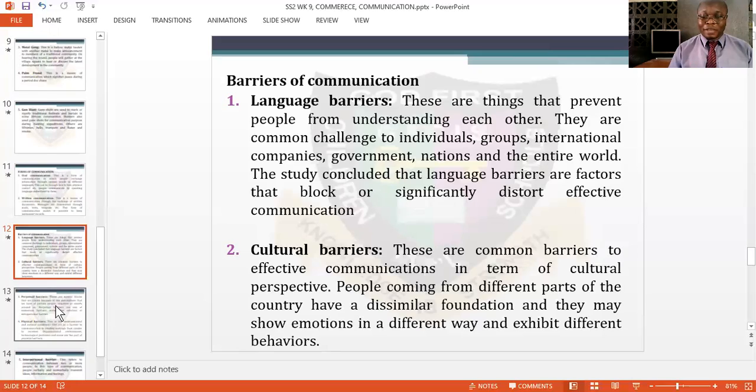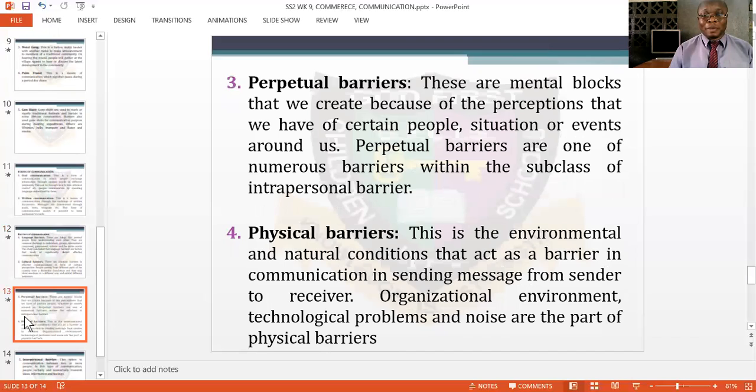People who come from different parts of the country have different foundations, and they will show emotion in different ways because of the culture they believe in, and exhibit different behaviors.